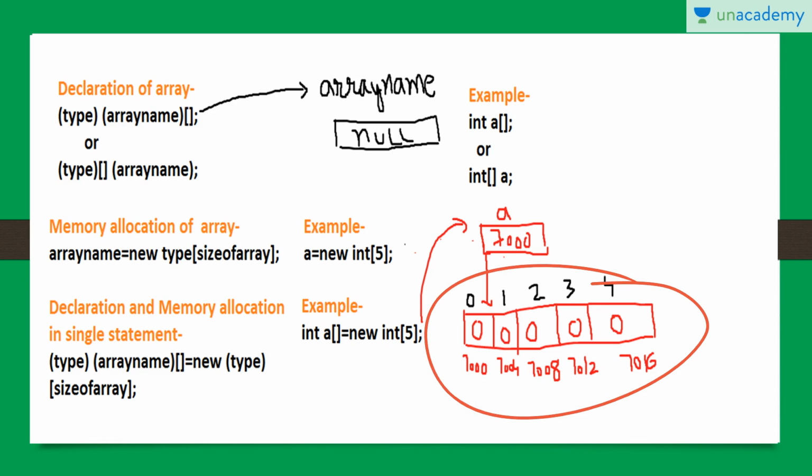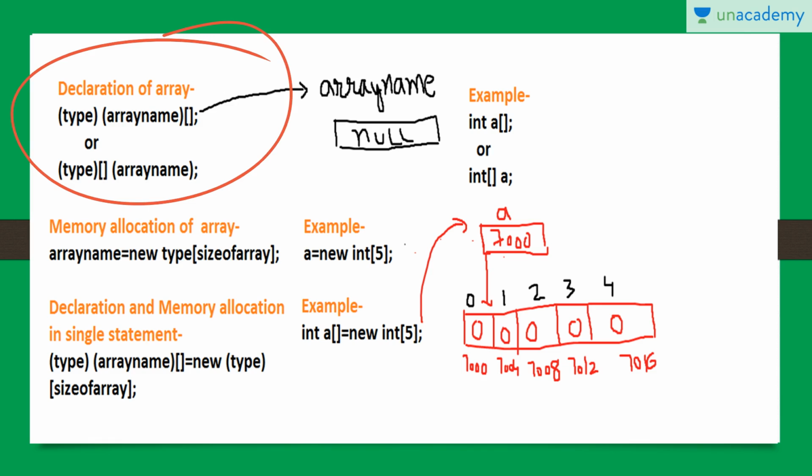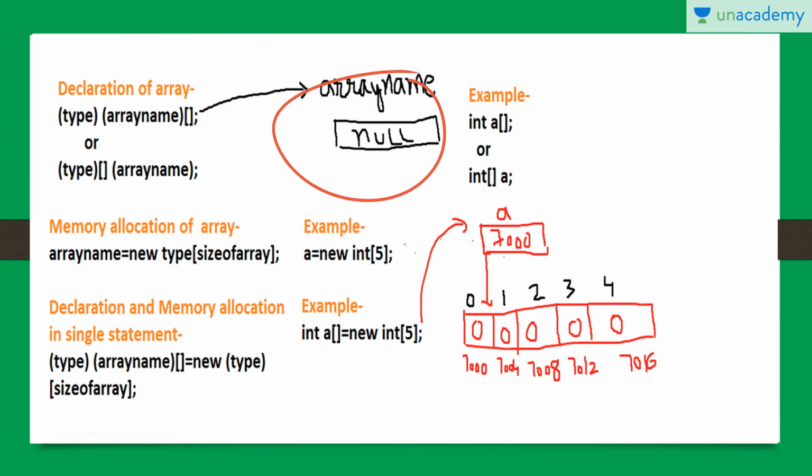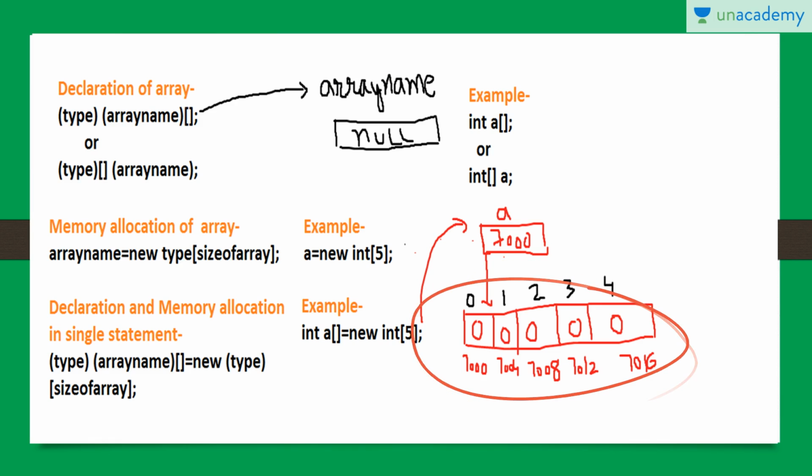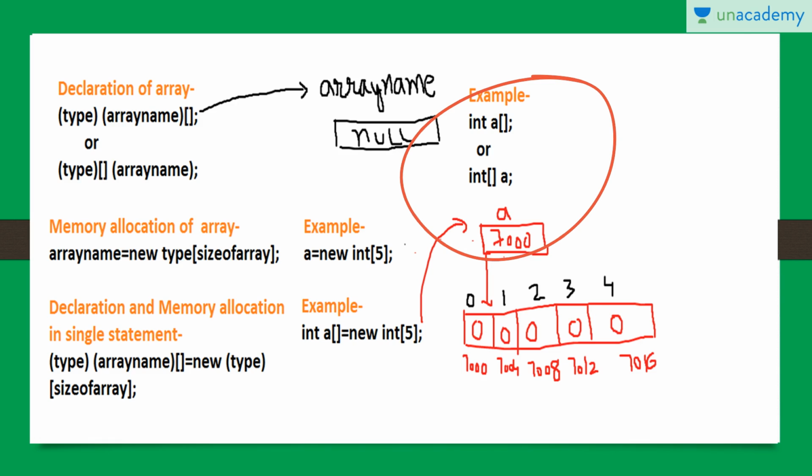As you can see here also, first we have declared an array. While declaring, it just creates a reference in the stack and initializes it with null. After instantiating it, that is, after giving memory to it, it actually creates 5 integer data elements which by default have 0 values. 0 values because we have created an array of integer type, and all these memory locations can contain integer data, and the default value of integers is 0 because we have not initialized these variables.